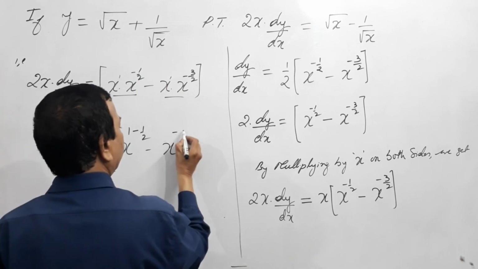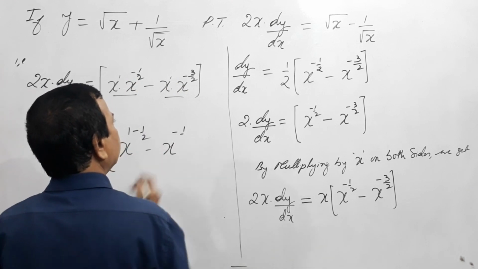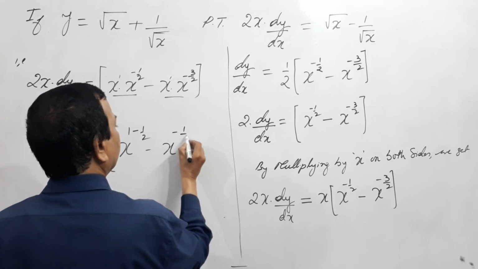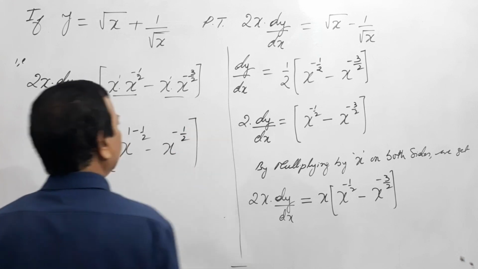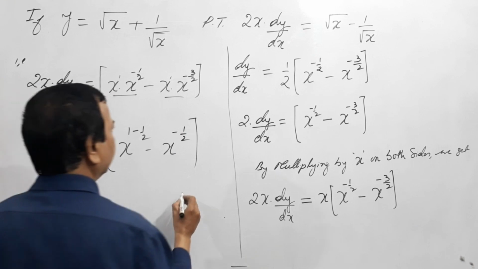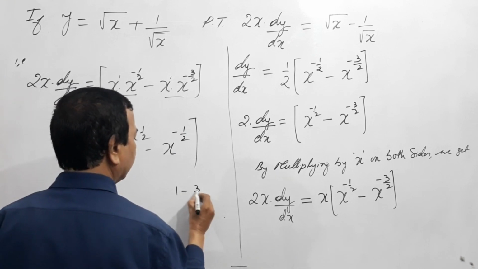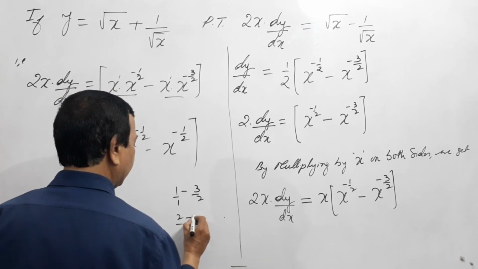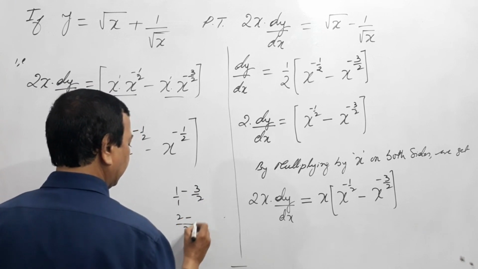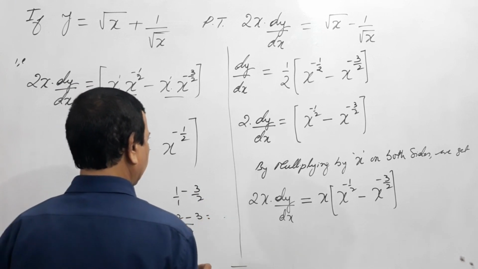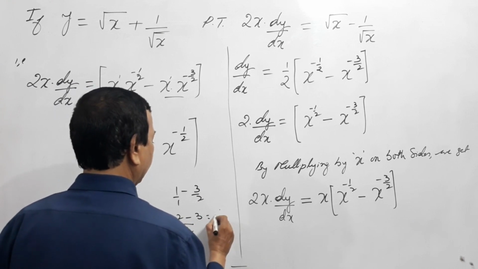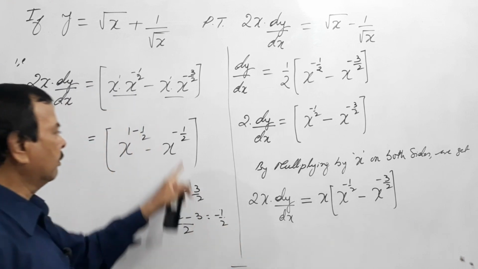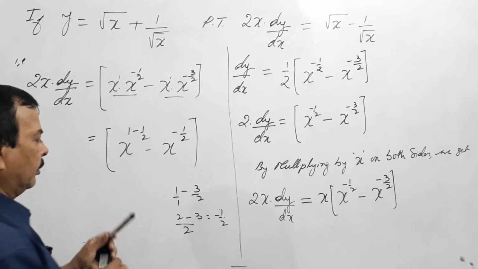That is, x to the power of 1 minus 3 by 2 is minus half. How did we get this? I will show you. That is 1 minus 3 by 2. LCM is 2. This is 2 minus 3, that becomes minus 1, so minus half. Done.